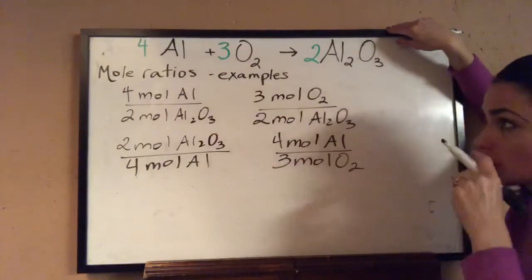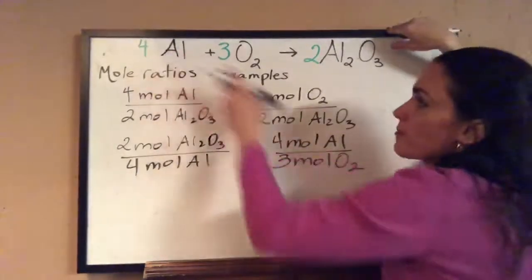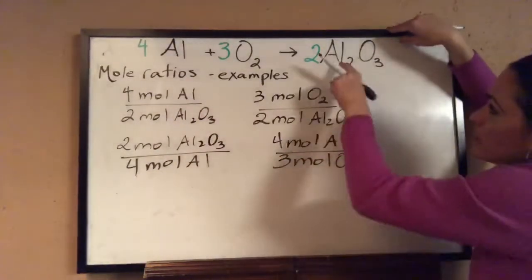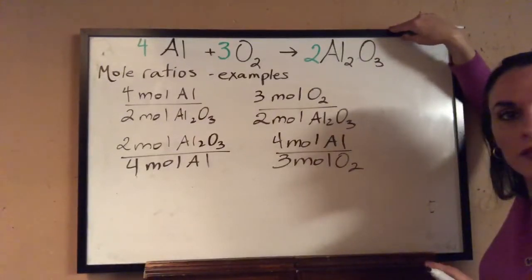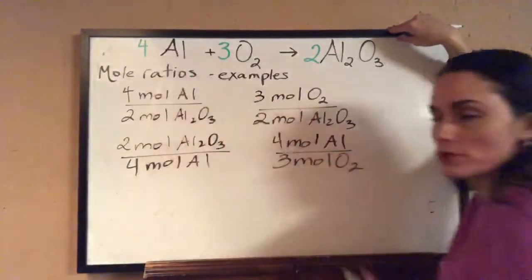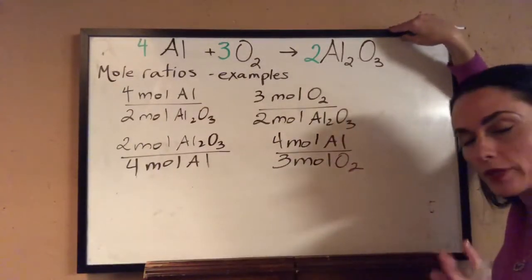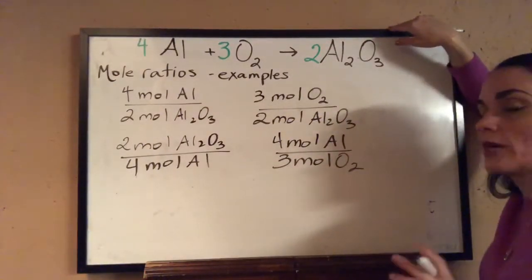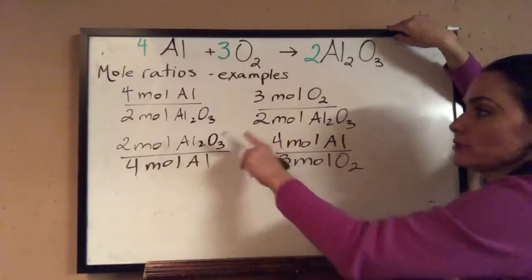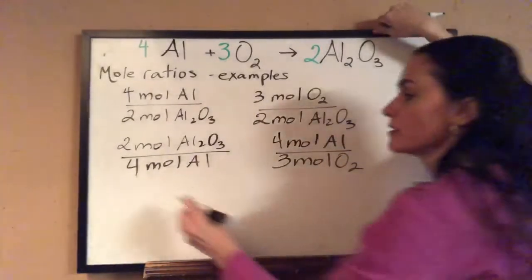Okay. So we know if we have 4 moles of aluminum reacting, that we're going to get 2 moles of aluminum oxide as a product. Well, what if we don't have 4 moles? How could we determine the quantity of the product that would result? We do a conversion problem, and we use the mole ratio as a conversion.